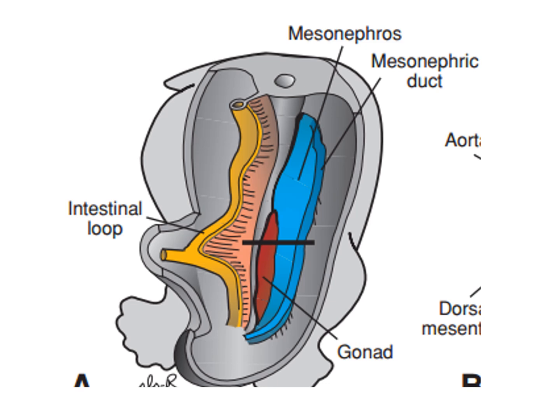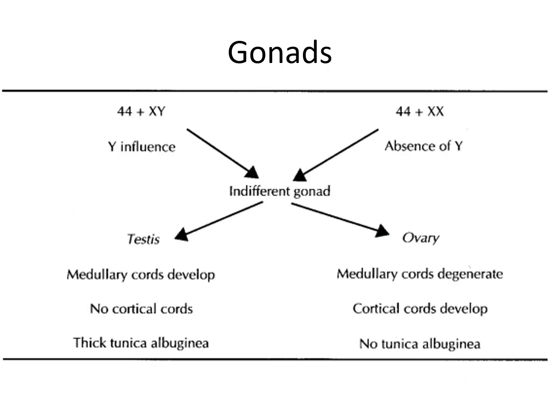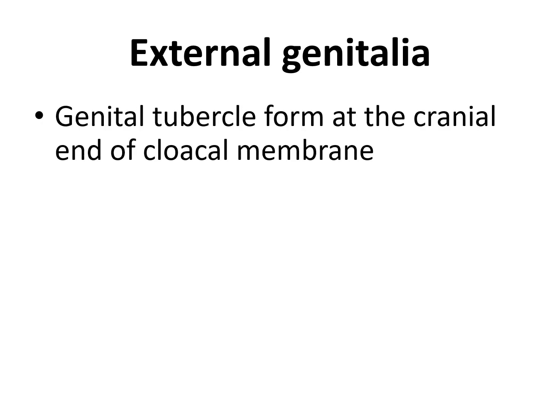This is a picture of the baby. This is the area of the umbilicus, abdomen, and intestine in yellow, and here we see the mesonephric duct and the mesonephros. The red one here is the gonad. We mentioned this about the chromosomal differentiation. Then we have indifferent gonads, then differentiated gonads, and then differentiation of the duct and the external genitalia.